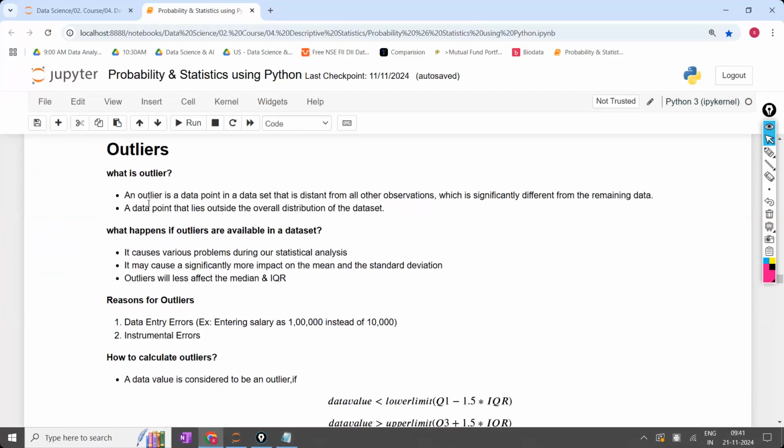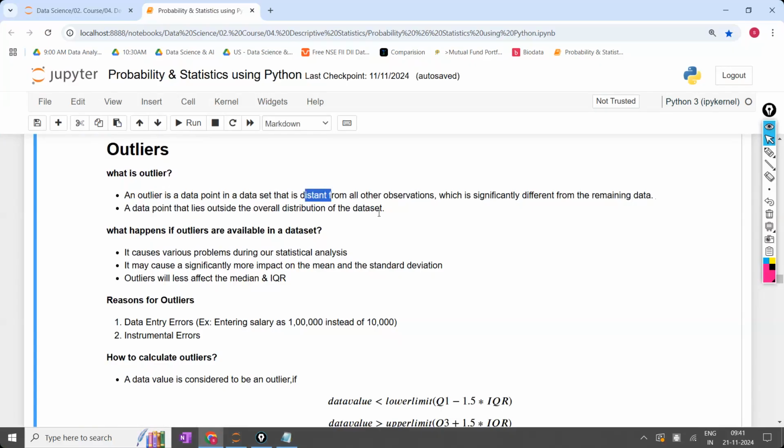An outlier is a data point in the data set that is distant. Distant means far away, that is, distant from other observations. Means other data points, it is far away, which is significantly different from the remaining data. A data point that lies outside the overall distribution of the data is called an outlier.